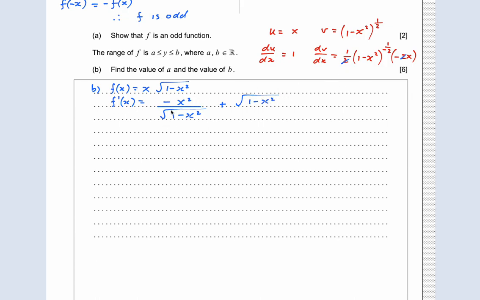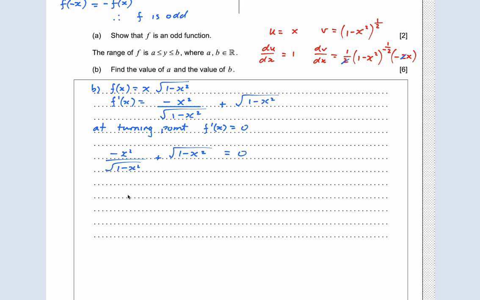Okay, at turning point, f dash of x equals 0. So we're going to make this equal 0: minus x squared over the square root of 1 minus x squared plus the square root of 1 minus x squared equals 0.